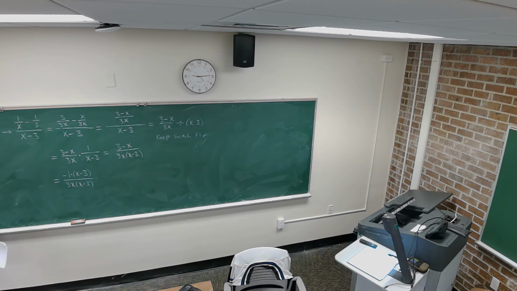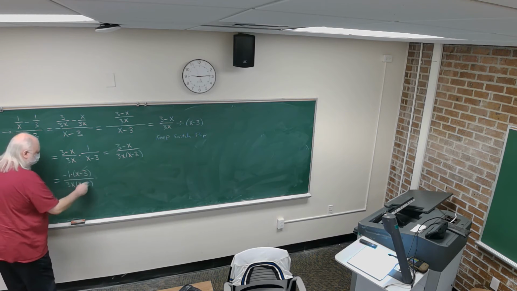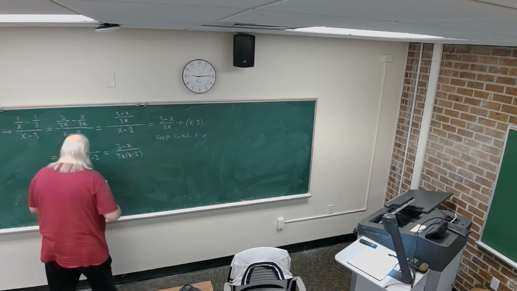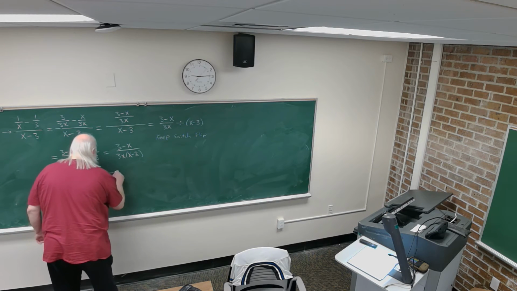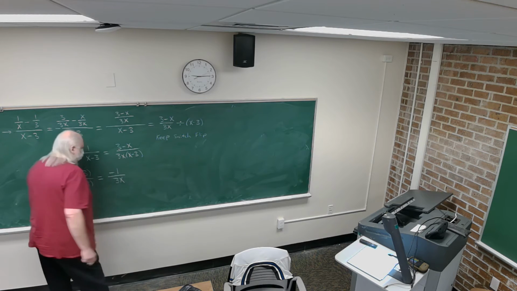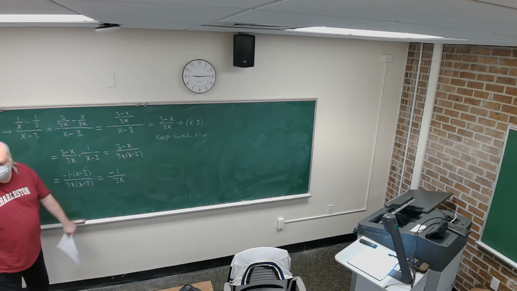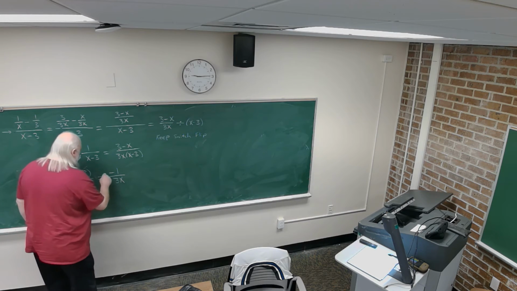And now you can see x minus 3 is a common factor in the numerator and denominator. It cancels, and now I'm left with negative 1 over 3x. And as I pointed out yesterday, the minus sign can be pulled up front of the fraction, front of the quotient.